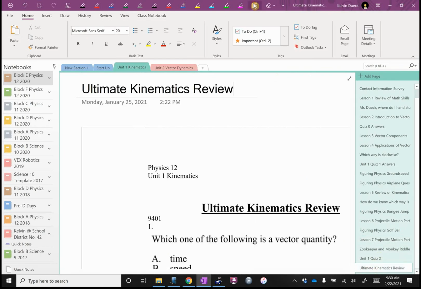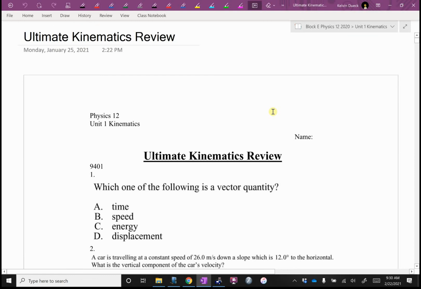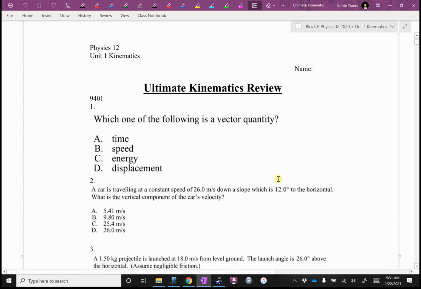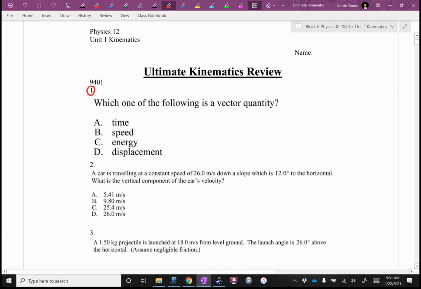We're going to cross out some questions. So I'm going to modify this a little bit. So definitely you can try number 1. Circle number 1.